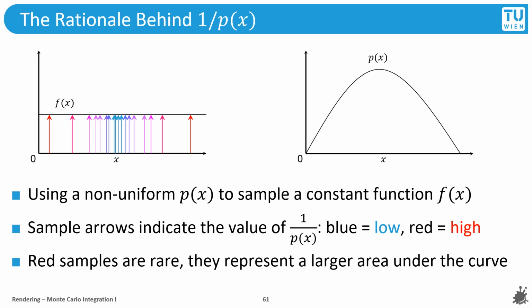If we apply the appropriate weighting with 1 over p of x, we see that blue samples at the center have low contribution to the final integral, while the rare red samples towards the limits have a higher contribution. This should make sense because the red sample locations are rarely sampled and thus their samples represent a larger portion of the area under the curve.